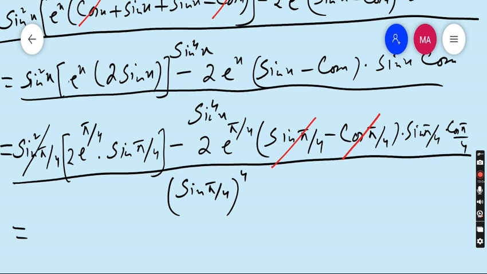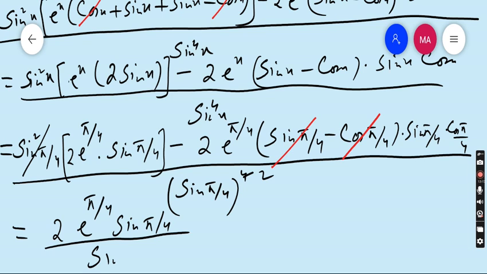This sin square pi by 4 cancels by this power 4, that is square, 2 cos pi by 4 sin pi by 4 upon sin pi by 4 whole square, and this whole thing is 0. 0 multiplied by something is 0.